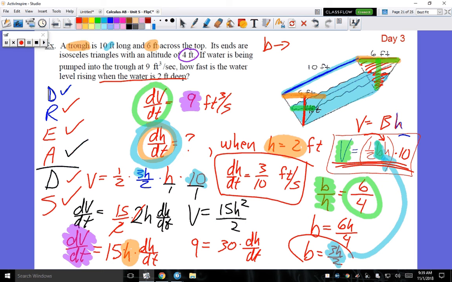So you could say this is increasing at 3/10 feet per second. If you want to round it to 3 decimal places, that's fine too.